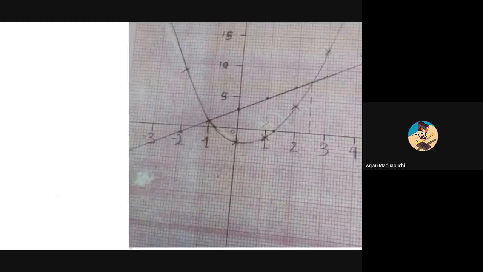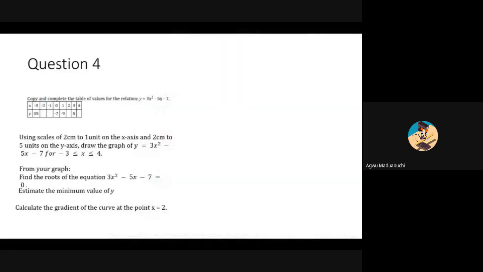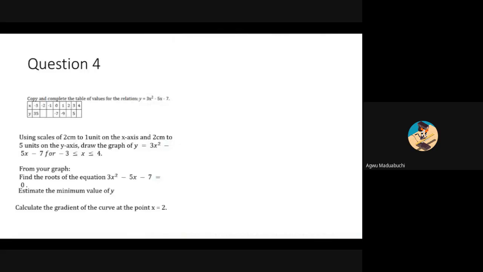All right. So we move on to question 4, another example. It says, using the scale of 2 centimeter to 1 unit, first of all, copy and complete. We know how to copy and complete.